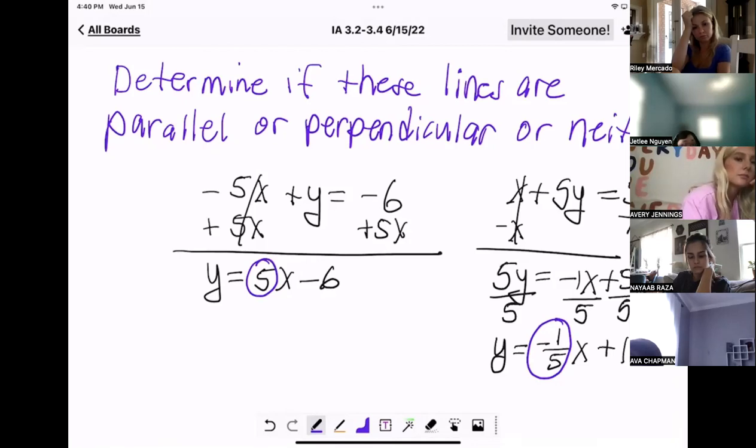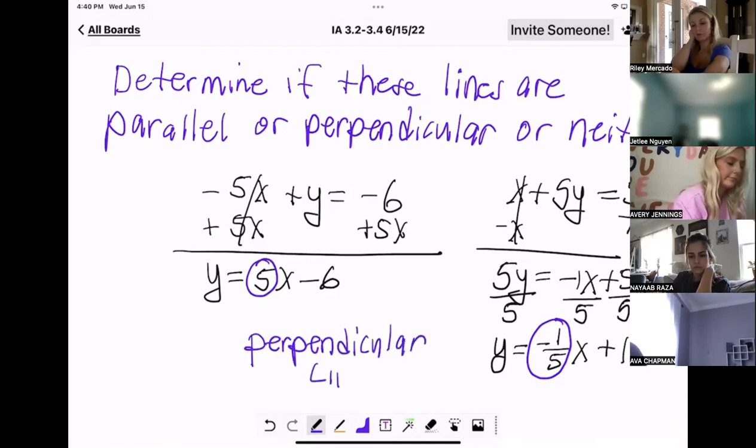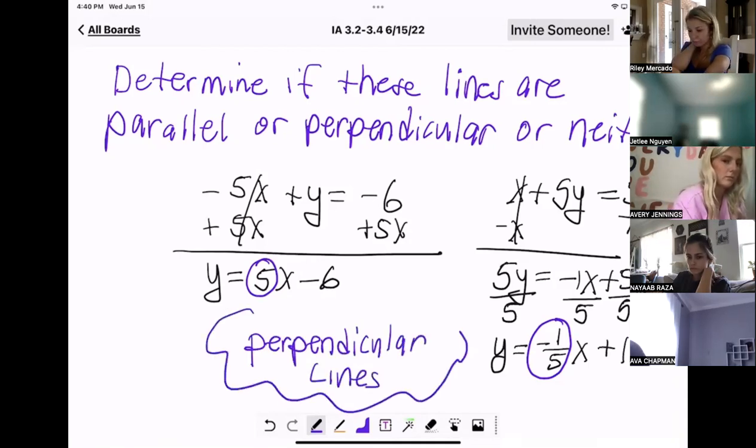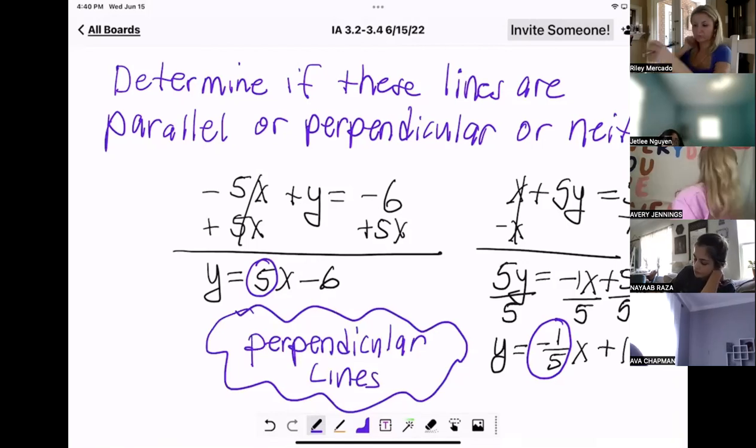If I take 1/5 and flip it, it's 5. So these are perpendicular lines. And we're done, and it's 4:40 on the nose. How about that?